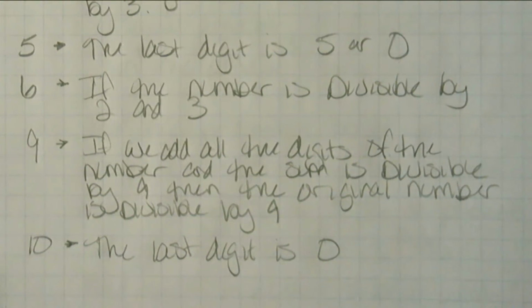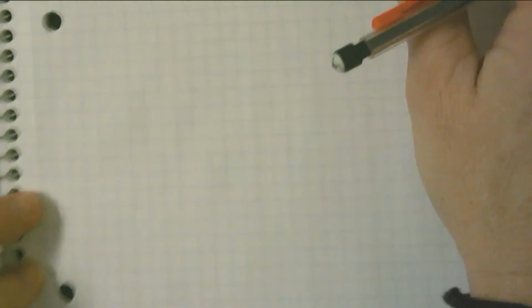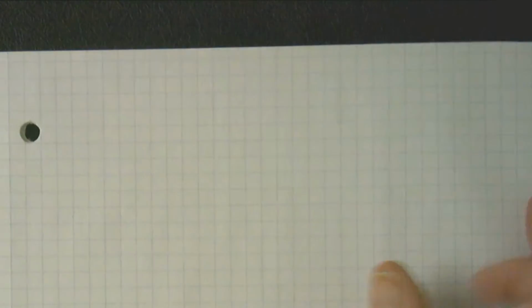So let me give you a couple numbers, and you tell me. I want you to write whether it's divisible or not and say why. What number it's divisible by and why. You guys cool so far? Okay. And it might be divisible by more than one number. But you have to tell me why.